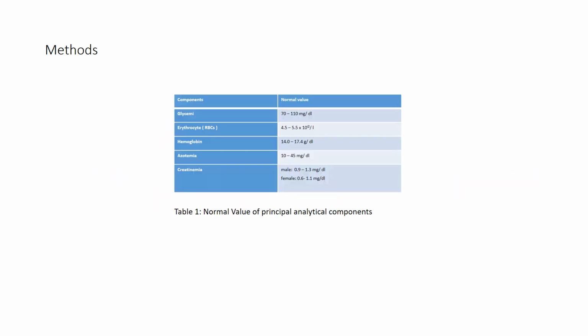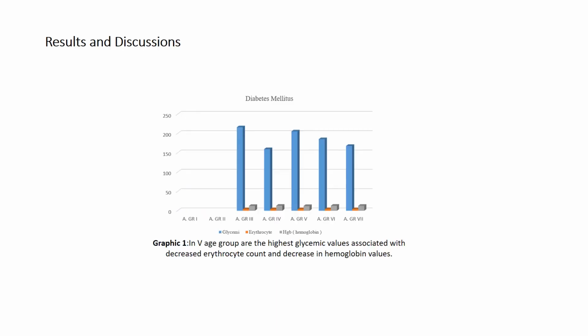Table 1. Normal value of principal analytical components. For anemia is erythrocytes and hemoglobin. For diabetes mellitus is glycemia. And for renal insufficiency is azotemia and creatinemia. For diabetes mellitus, graphic 1.